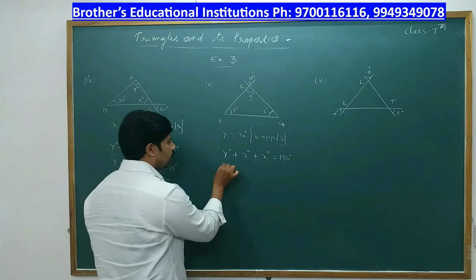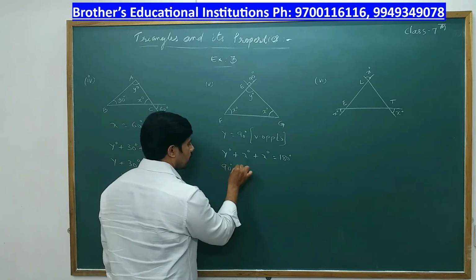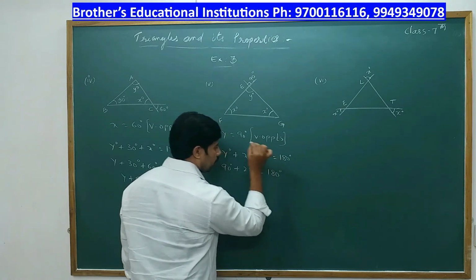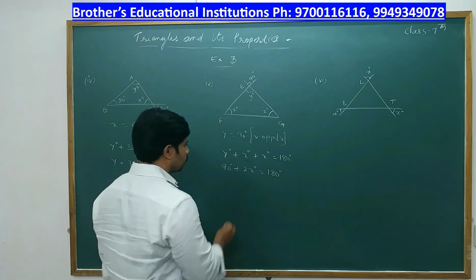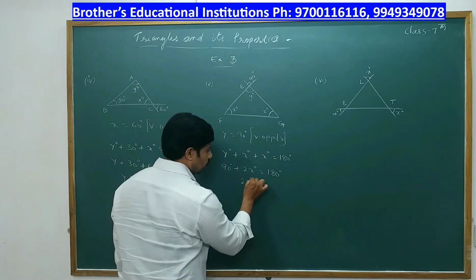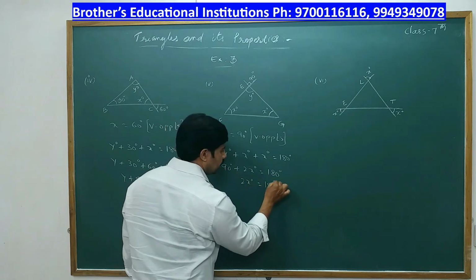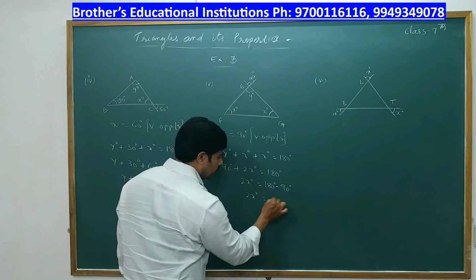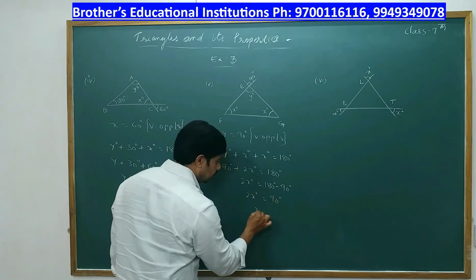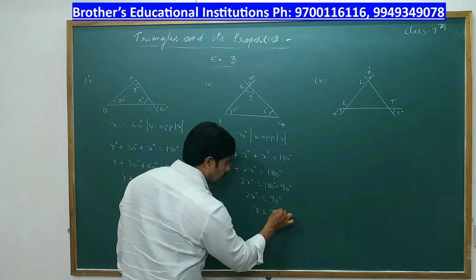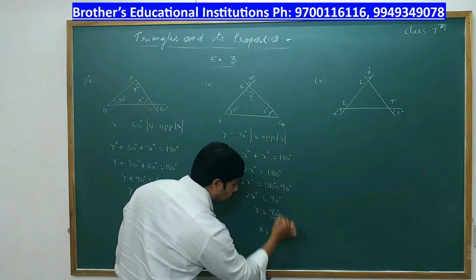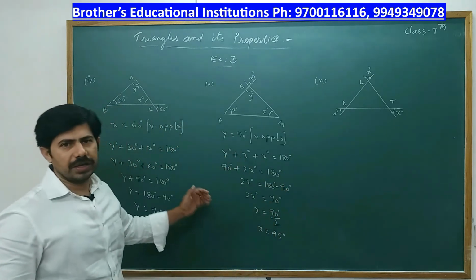It is 90 degrees. 90 degrees plus 2x is equal to 180 degrees. So 2x is equal to 180 minus 90, so 2x is equal to 90. So x is 90 by 2. So x is how much? It is 45 degrees. So we got the value of x.